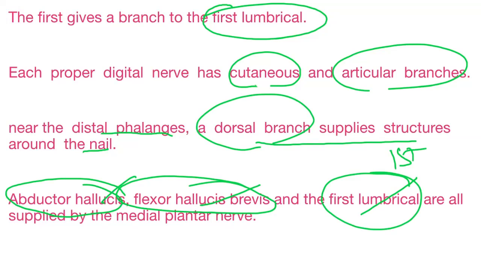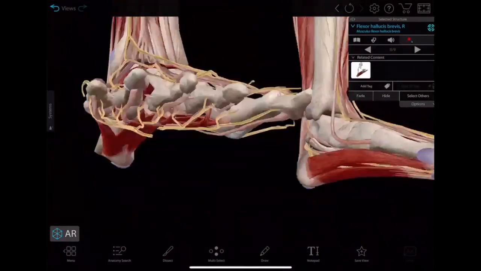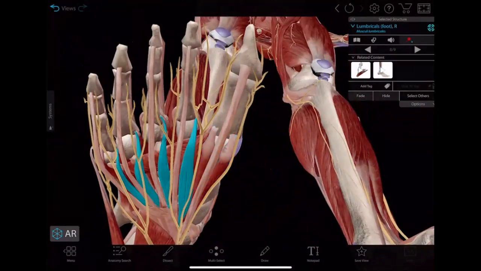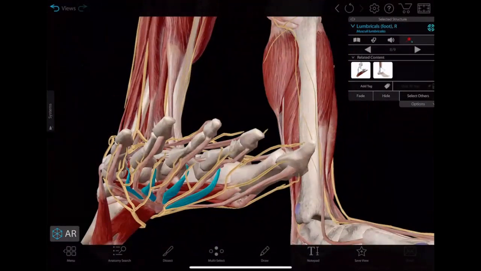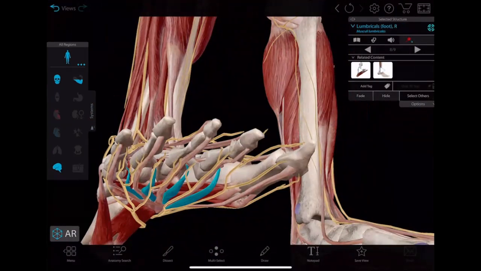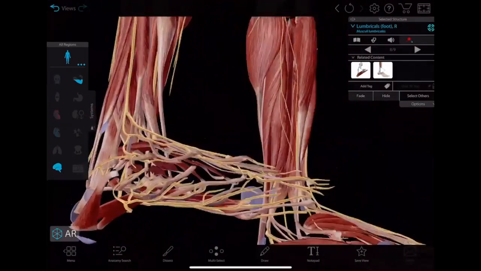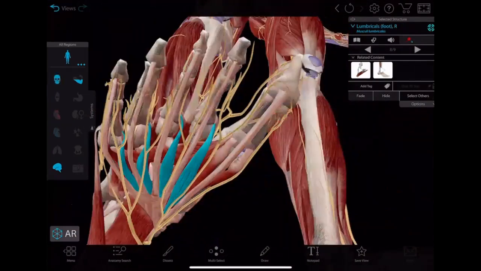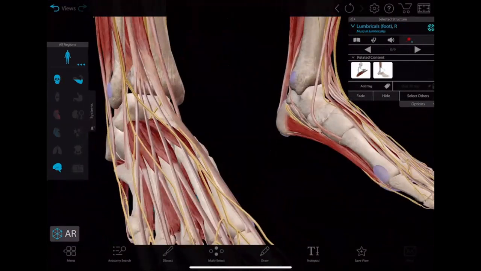So I will show you something. So you see these are the lumbrical muscles, right? I will do one thing. Okay. So the selected structures which are like that. Okay. So these are the lumbrical muscles, whereas I will show you something.